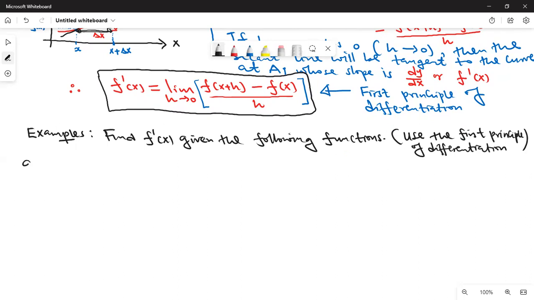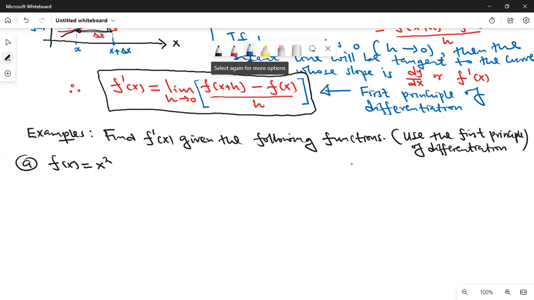And in part A, the question is f of x is equal to x squared. How do we find f prime of x? Solution. Look at our formula. We need to know what is f of x plus h, and then we subtract f of x from it.